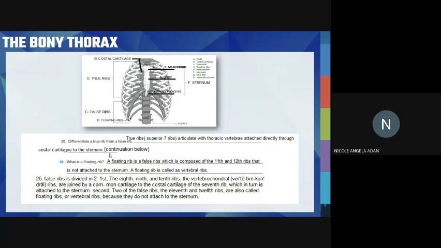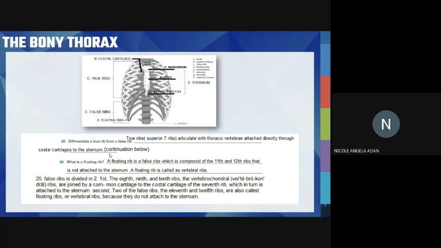First, the eighth, ninth, and tenth ribs, the vertebrochondral ribs, are joined by common cartilage to the costal cartilage of the seventh rib, which is attached to the sternum. Second, two of the false ribs, the 11th and 12th, are also called floating ribs or vertebral ribs because they do not attach to the sternum.